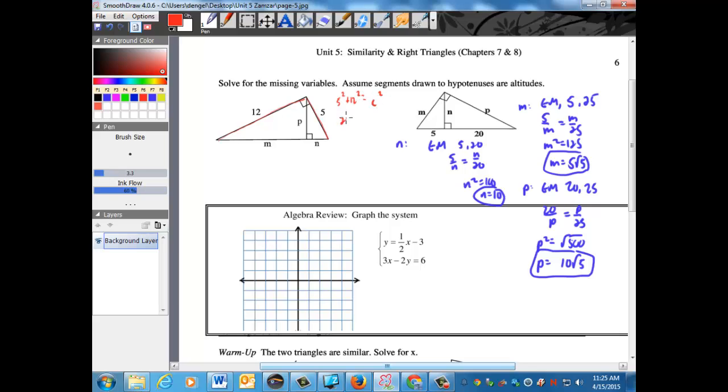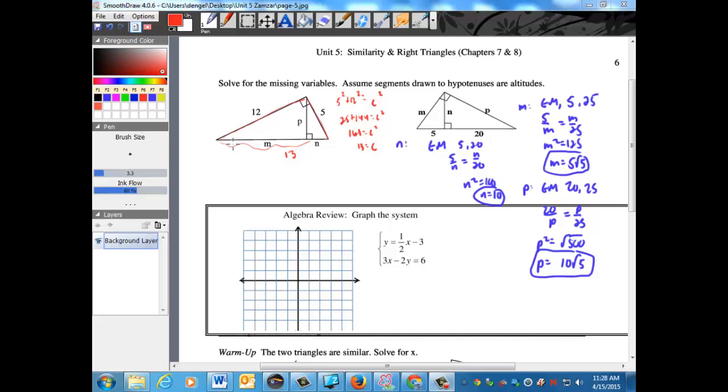That's going to give me 25 plus 144 equals c squared. 169 equals c squared. 13 is equal to c. So we found that this entire length is going to be 13. Since this entire length is 13, we can use that to solve.